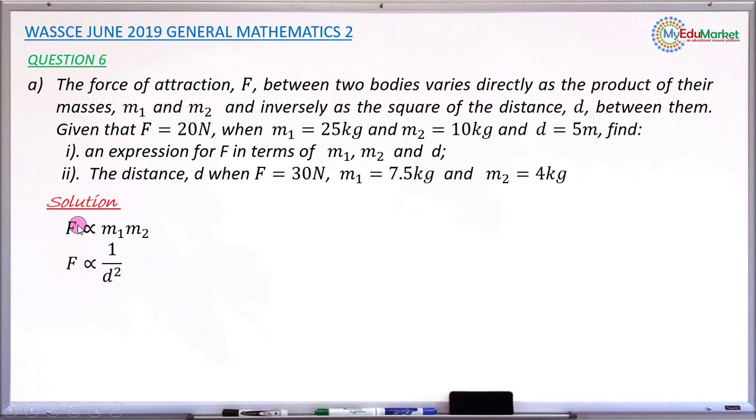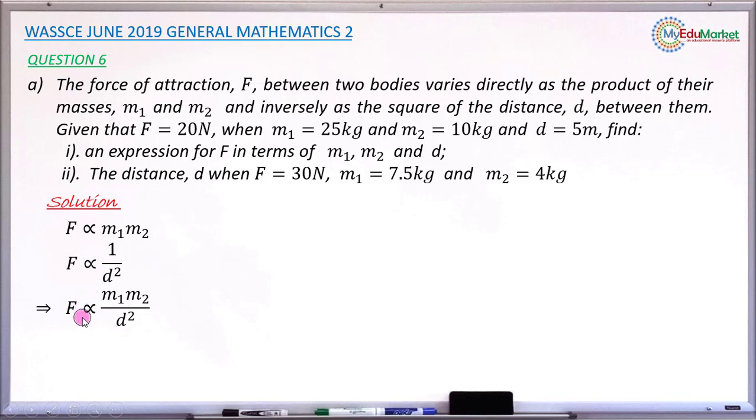So as it is the same F that varies directly as m1 m2, and it is the same F that varies inversely as d square, you can now merge these two to have F, sign of proportion, then m1 m2 as your numerator, and d square as your denominator. So this becomes a joint variation. Let's just remove this sign of proportion.